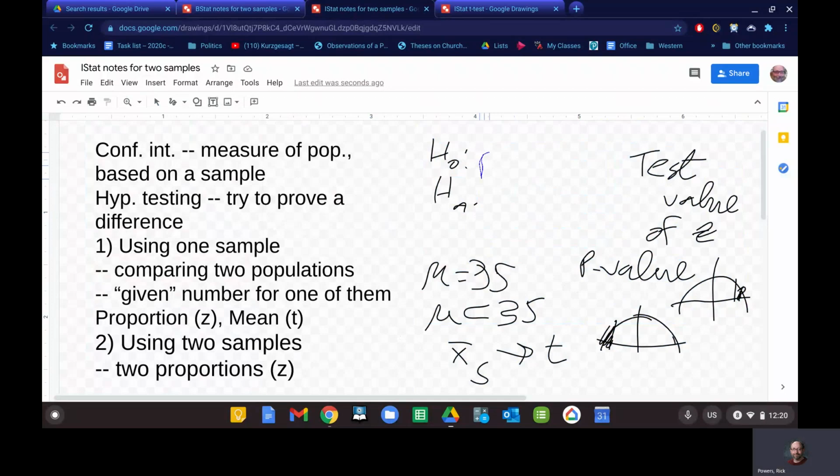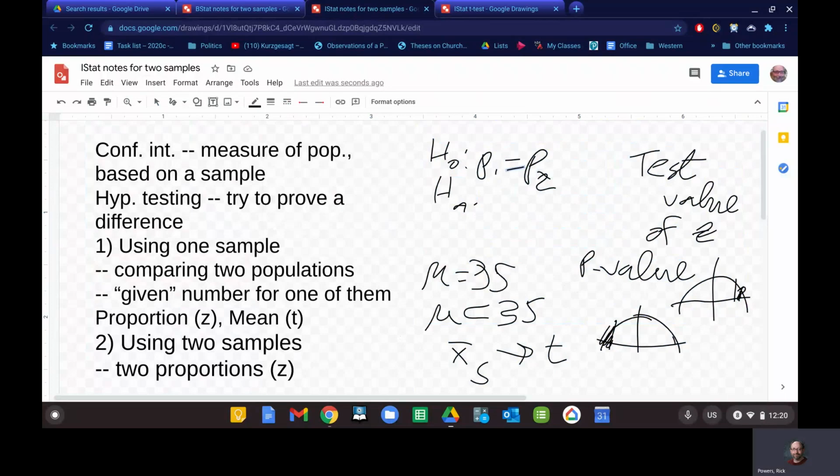If I have a P1 and a P2, then normally we would consider them to be equal to each other. And then we would say, are these two groups the same? Like if I'm measuring how many people got headaches in Wisconsin versus Minnesota.